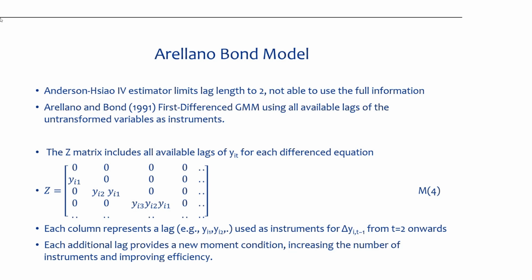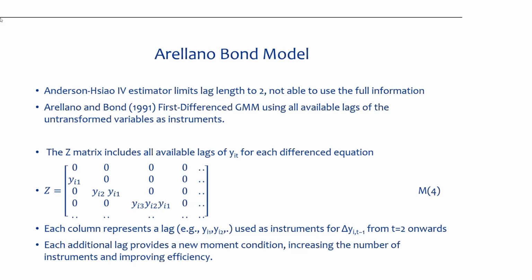And this is how the specification looks. Now, is this an improvement compared to the Anderson-Hsiao model? It is, because we are using additional information here. In period T minus 3, you are using how many lags? 2 lags.